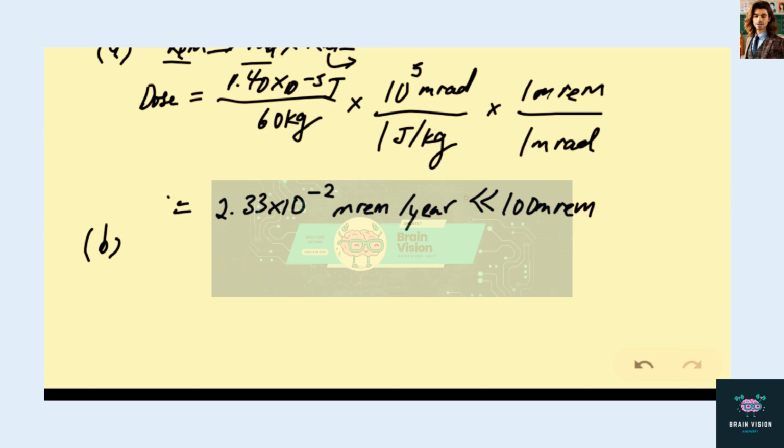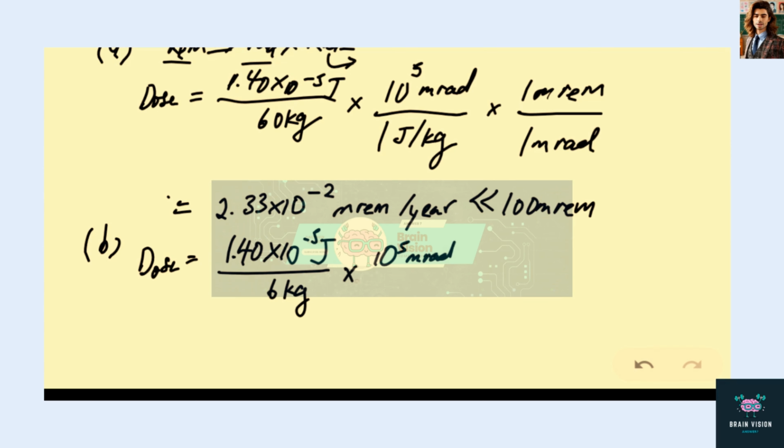Now we do the same process, but for a baby, a 6 kilogram baby. The same amount of energy is being absorbed, but the mass of the baby is only 6 kilograms. And so the answer that we get is actually quite different.